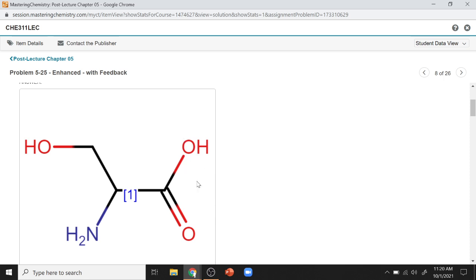Literally, you're seeing the plane of symmetry. Same thing with all these other groups, right? Can you see that? There are planes of symmetry on all these, because they always have duplicate groups. This has 2 hydrogens. This right here has 2 lone pairs.